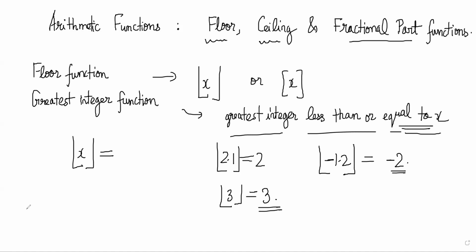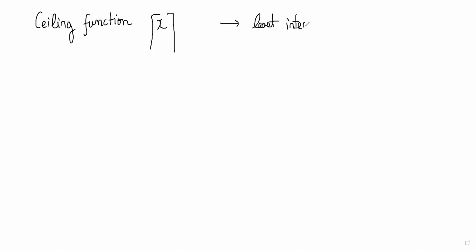Now the opposite of this is the ceiling function, and the ceiling function is usually written like this. The ceiling function is the least integer greater than or equal to x, so it is just the reverse of the GIF function.